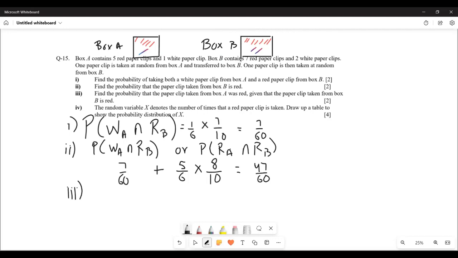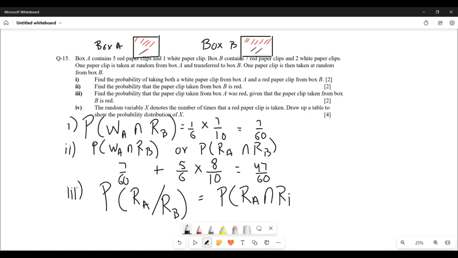So, part 3 is a question on conditional probability. Probability red from box A given the paperclip taken from box B is red. So red from B as well. So that is probability red from A and red from B.